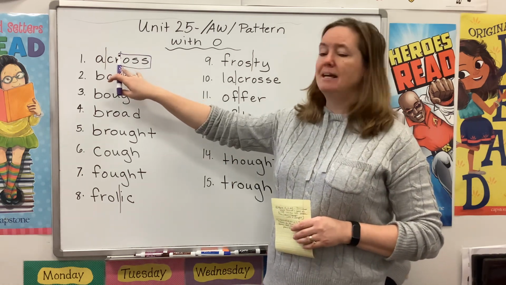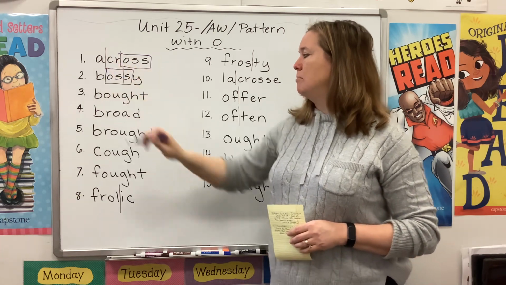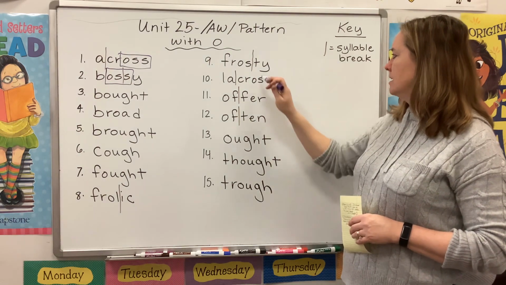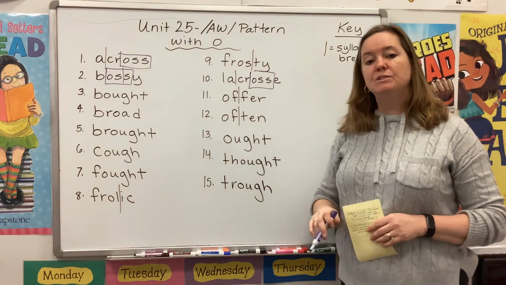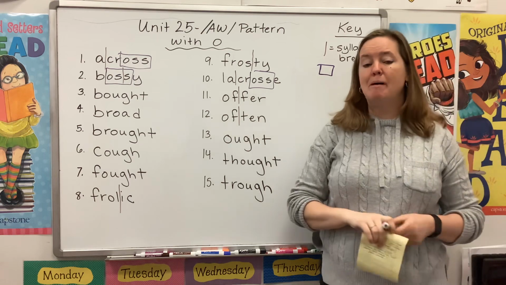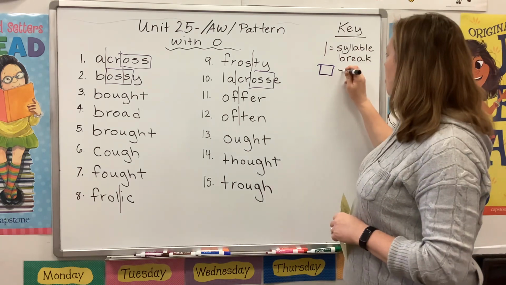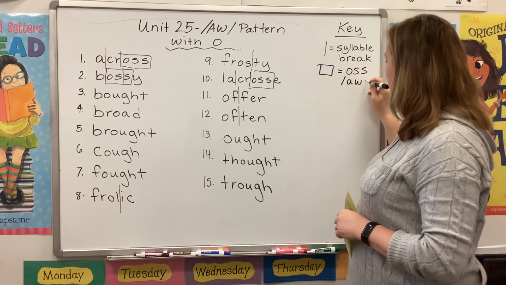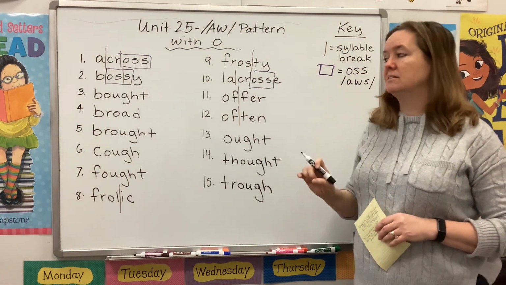It shows up today in words like across, bossy, and lacrosse. Whenever you see that OSS together, I want you to remember that it's going to make an ah sound. So OSS, and it makes an ah s sound. You do hear the S in there.